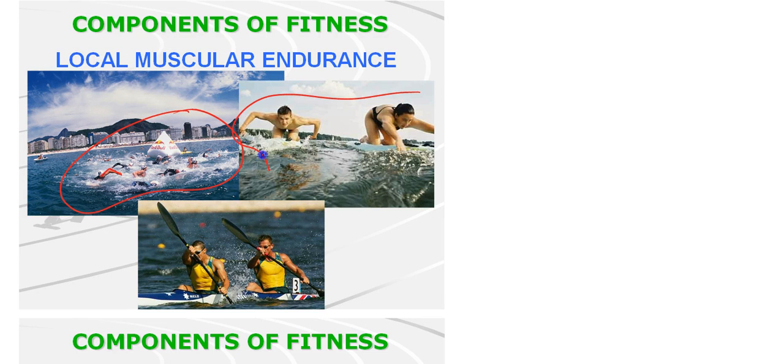Here we have paddling either a mal board or a rescue board, and again we'd be looking at the repeated action of the arms. Here we have kayakers. Again, we have repeated action of the upper body and the arms using the double-bladed paddles. So again, important word, repeated.